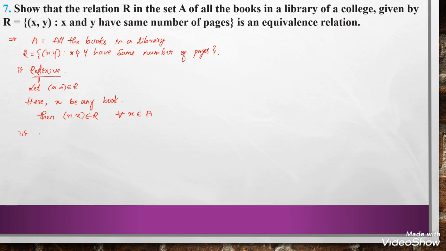Again, I will take the second relation, symmetric. According to the definition of symmetric, let (A, B) belong to R and (B, A) also belong to R. Now, check the condition here. Let X be a book and Y is also a book. X and Y have the same number of pages. Yes, X and Y are two books having the same number of pages present in a library.